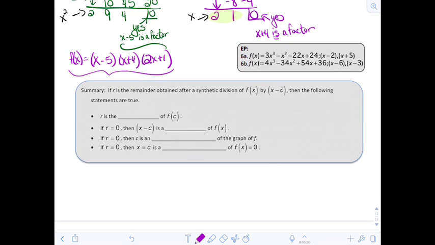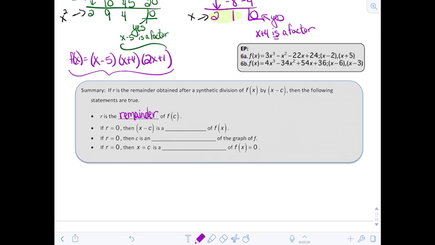Okay. So to summarize the remainder theorem and the factor theorem: if R is the remainder obtained after synthetic division of f of x by x minus c, then the following statements are true. R is the remainder of f of c.